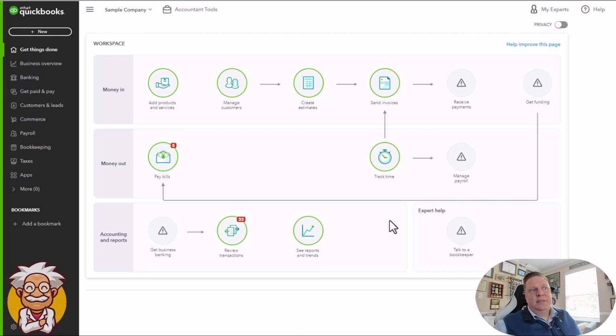Here's our Get Things Done, very straightforward. But again, it just depends on how your mind works, how you like to operate. Some people like the no nonsense way of doing things, and they like to get things done. Others, they do want to see the graphs, the more visually appealing, so then they operate out of the business overview.